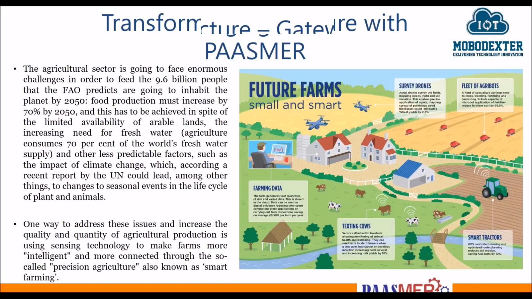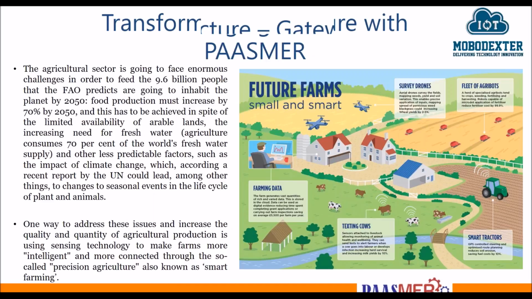This has led to the advent of smart farms and future farms, where we are using IoT and sensors to make intelligent choices and get better yield from farms. We have various things like survey drones or agricultural drones, as we talked about.